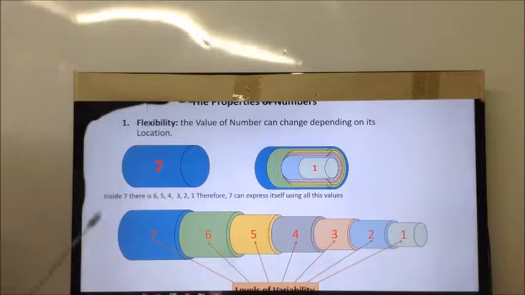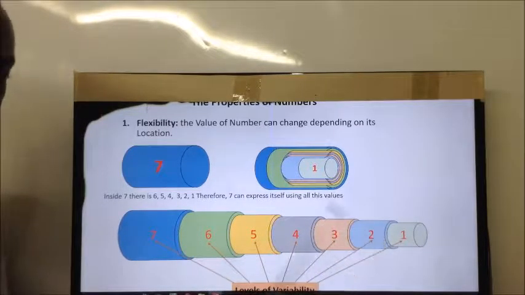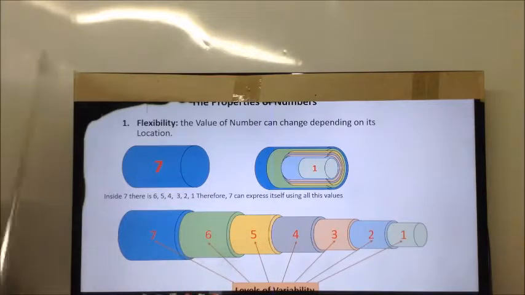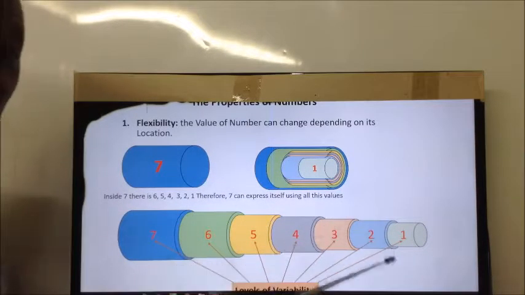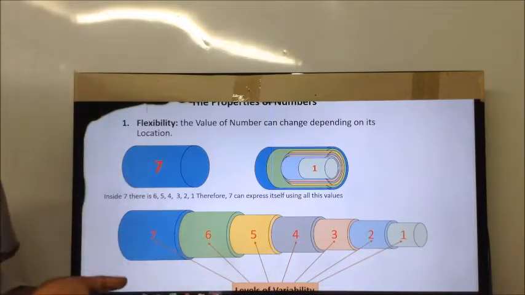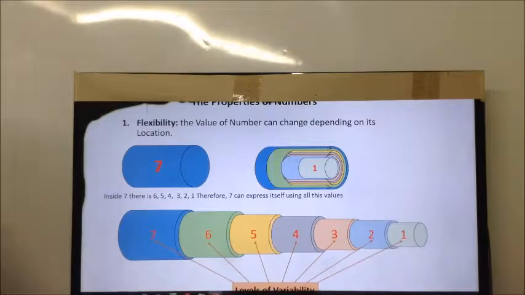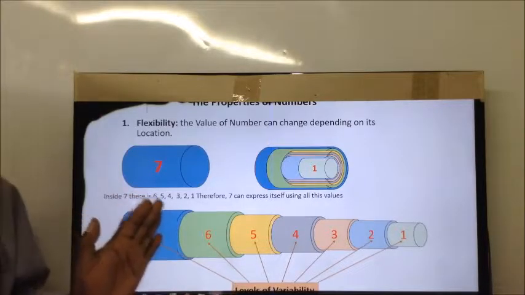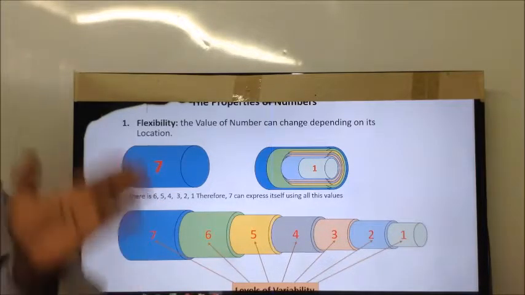So if we go back to our number 7, all these values mentioned here are the levels of variability of number 7. 7 can use all these values to express itself, to perform, to do something. Therefore, 7 is not just 7. 7 includes all the numbers below it, down to 0.